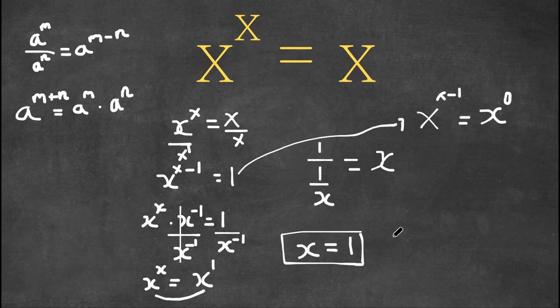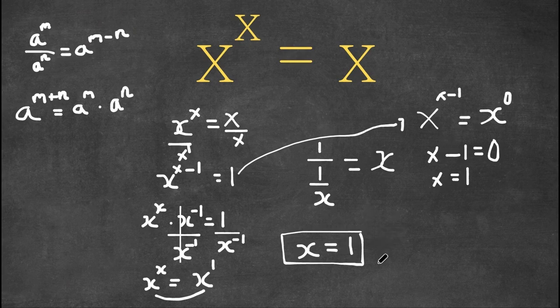Now, we do the same thing as here. We set our exponents equal to each other, so x minus 1 equals 0. If we add 1 on both sides, we get x equals 1. So this is another way of doing it, and we have our solution as x equals 1.